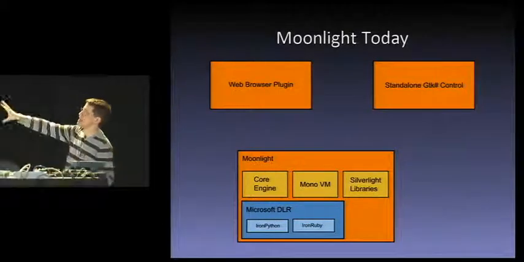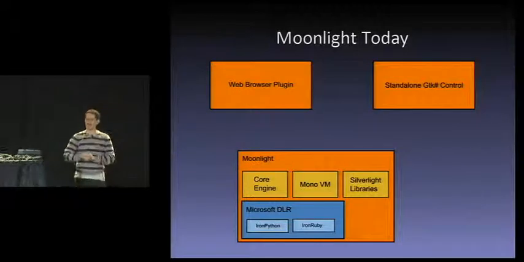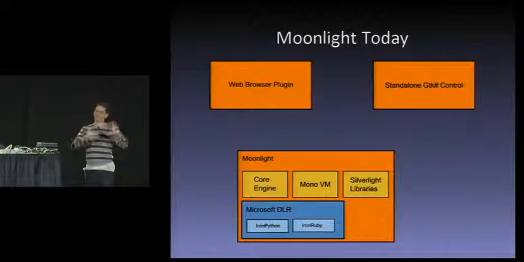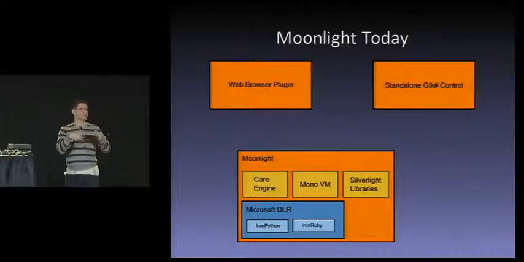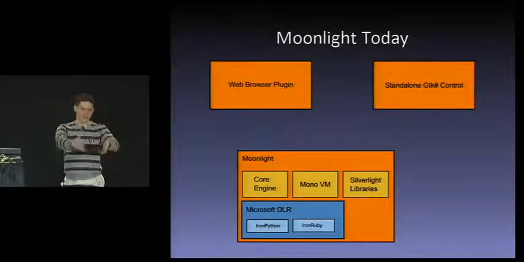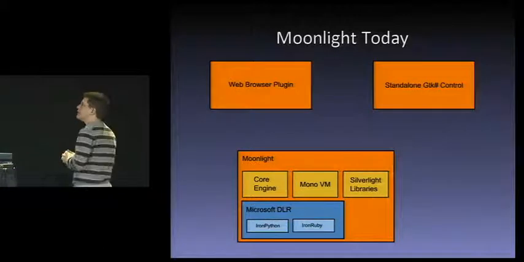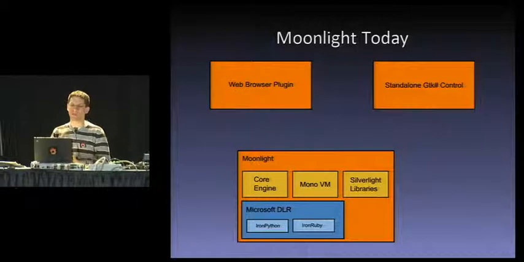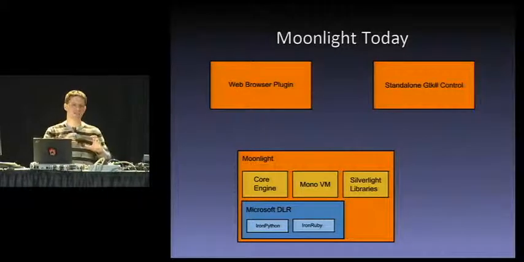Now, on top of this engine that lives in a library, which is called libmoon, we actually have 2 facades. One facade is the web browser, so that's a plugin that you use, right? You go to a website and it activates and it shows you that facade. And the other facade is a standalone Linux control that you can use to put Moonlight in your applications, right?